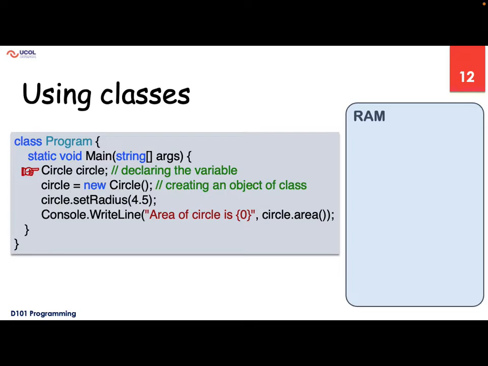No. Is there any square here? No. So we have defined those classes within our code as a class file, and we have written down the code, the details, the design, the blueprint of that class, but it does not exist in my computer yet. It is there inside our program, but it does not exist in the RAM.